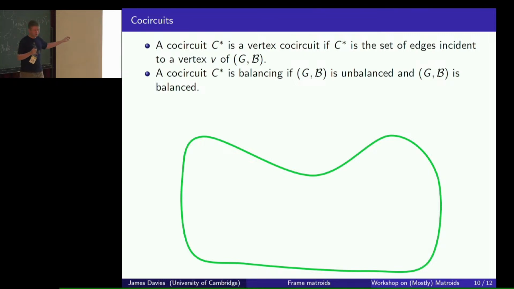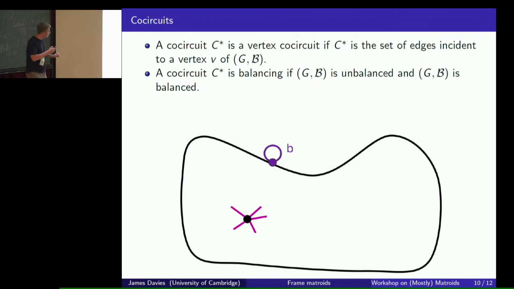So this is something you normally have to fight with, but actually in our case of fixing an unbalanced loop, this is quite easy. We're only ever looking at when this guy B is an unbalanced loop. So if we're looking at some vertex co-circuit here, and we look at another representation where this guy's an unbalanced loop, this guy's never going to turn into a balancing co-circuit. So actually, we don't really have to worry about balancing co-circuits, which is nice.